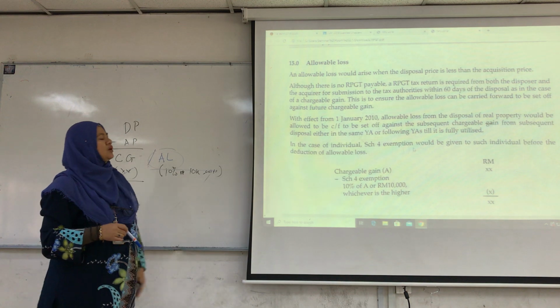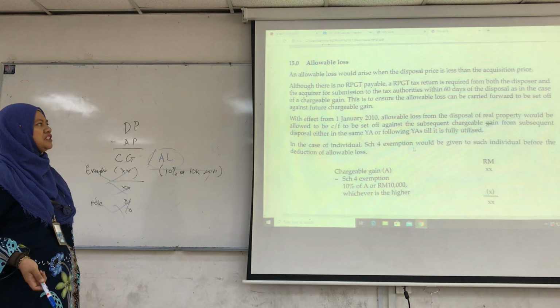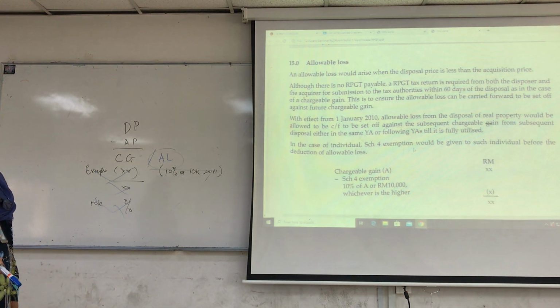The law says that although there is no RPGT payable, an RPGT tax return is still required from both the disposer and the acquirer, to be submitted to the IRB within 60 days on the disposer, as in the case of chargeable gain. This is to ensure the allowable loss can be carried forward or set off against future chargeable gain.